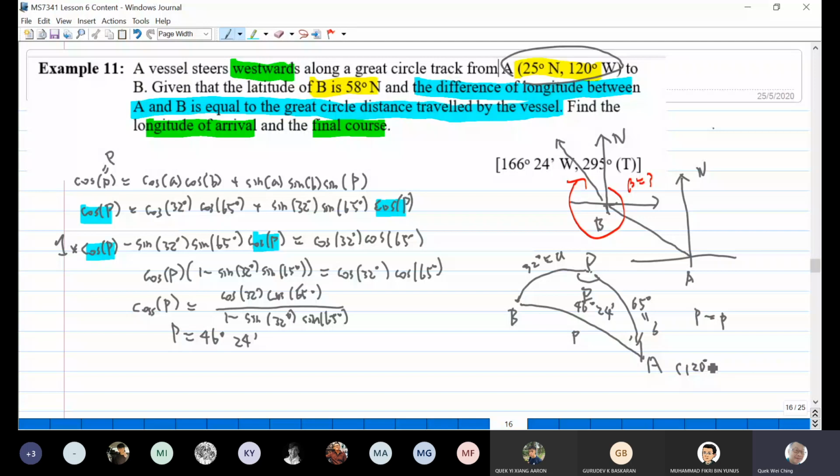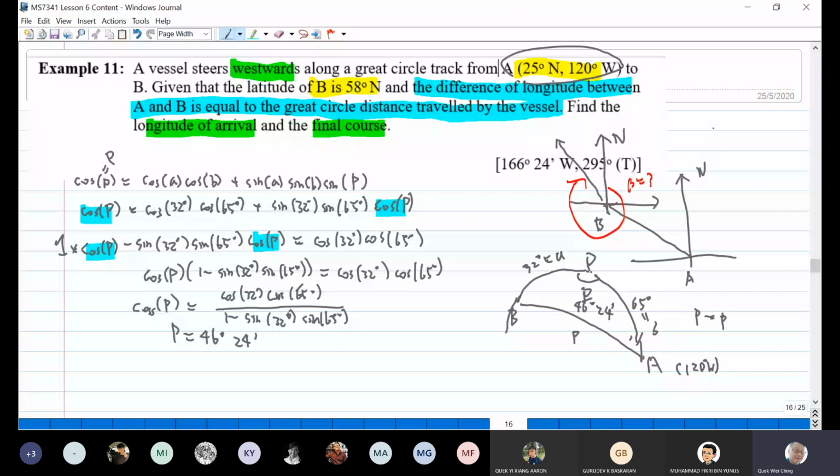It's going to the west, so you keep on increasing the angle, right? It's 120 continuing to the west. So this one should be the longitude of B now.